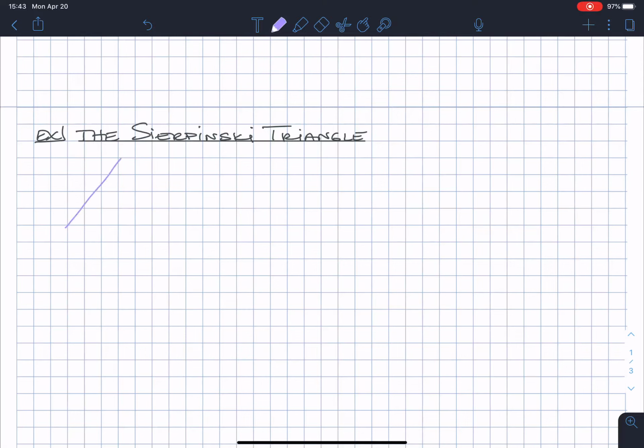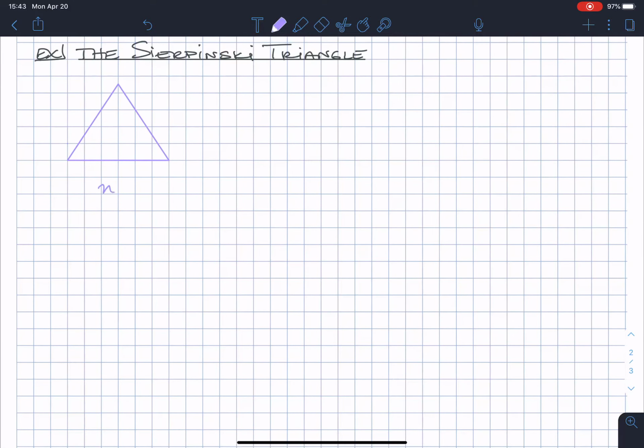It's supposed to autocorrect. I don't think it ever really does. Does that look like an equilateral triangle? Doesn't look like an equilateral triangle to me, but yeah. I'm going to take this and move this down a bit. So this is what's given, n equals 0.